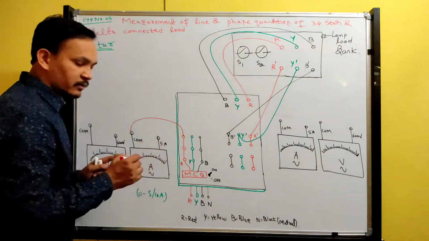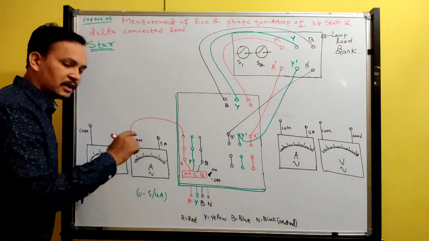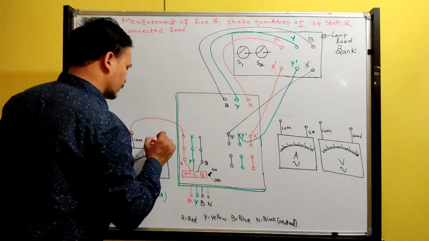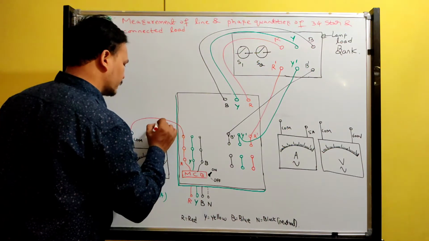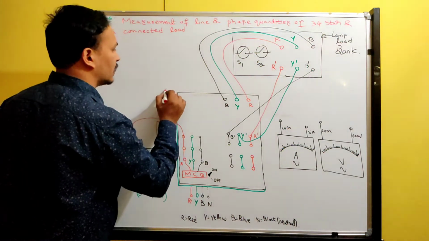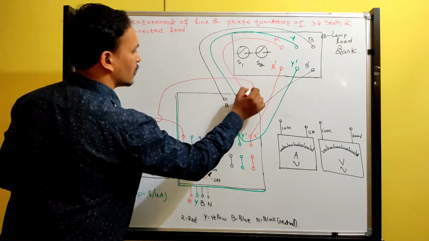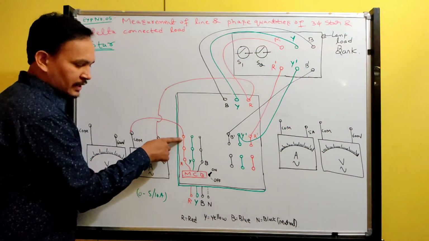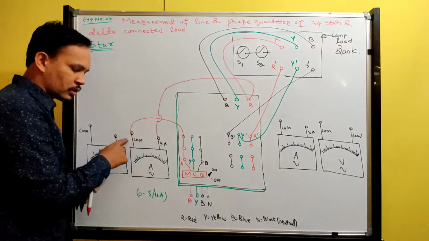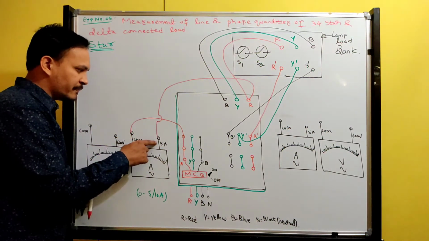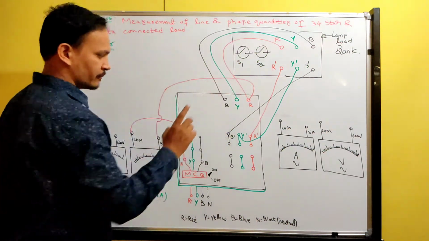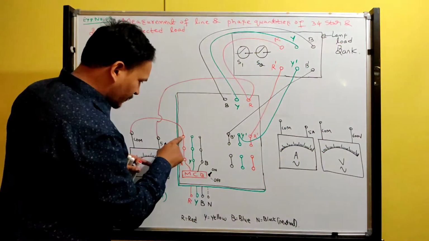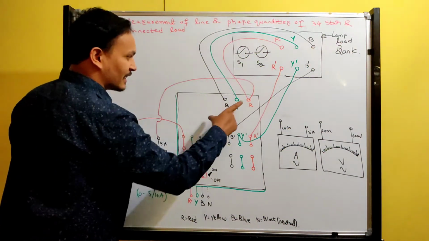Since we are doing star connection, select the 5 ampere terminal on the ammeter. And this ammeter's other end is connected to R only. This starting end of the R line is connected to the common of the ammeter, and the 5 ampere terminal is connected to R. Now, this point and this point are not directly joined.